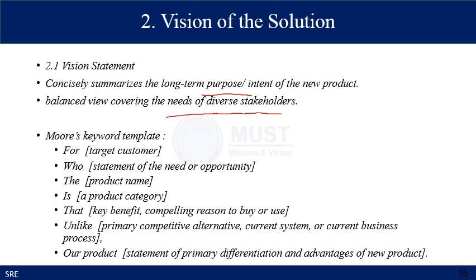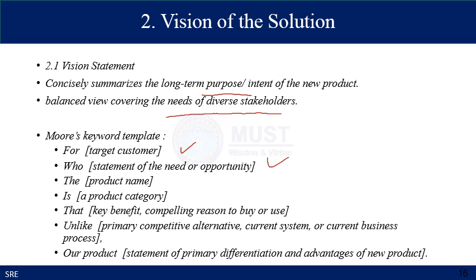And you can typically cater to different stakeholders in your vision statement. For example, you can start by saying that your product is built for the target customers and statement, who need the opportunity or the product solution.